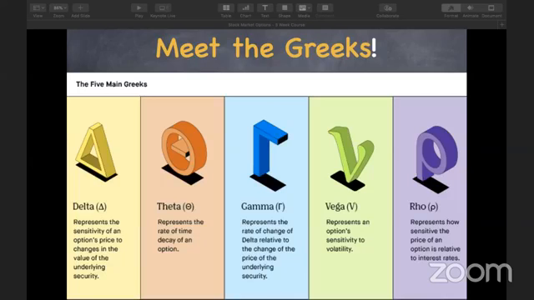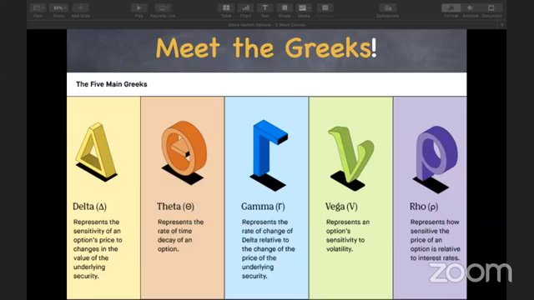That's what delta tells you, right? Delta is one of the biggest components of trying to calculate what your profitability will be on trading options. All right. Gamma works with delta. Going out of order from the screenshot, but it's a better way to explain it. Only on the first $1 move up or down in the underlying does delta tell you what's going to happen in the options premium.